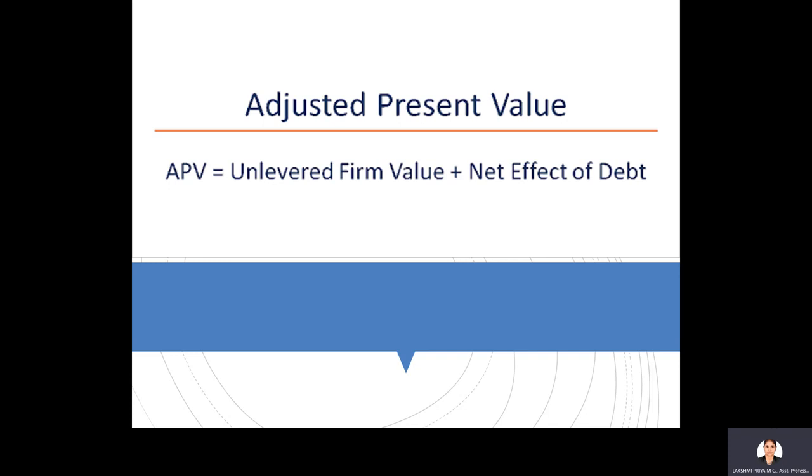To this, we add depreciation expense and deduct capital expenditure and increase in net working capital to arrive at unlevered equity free cash flow. And hence, the present value of equity free cash flow is calculated.